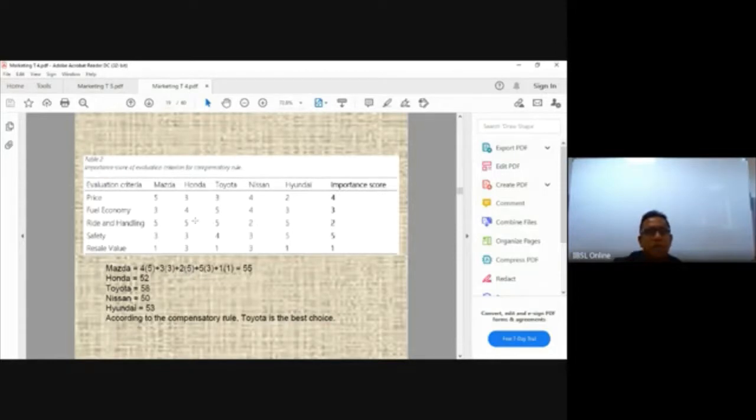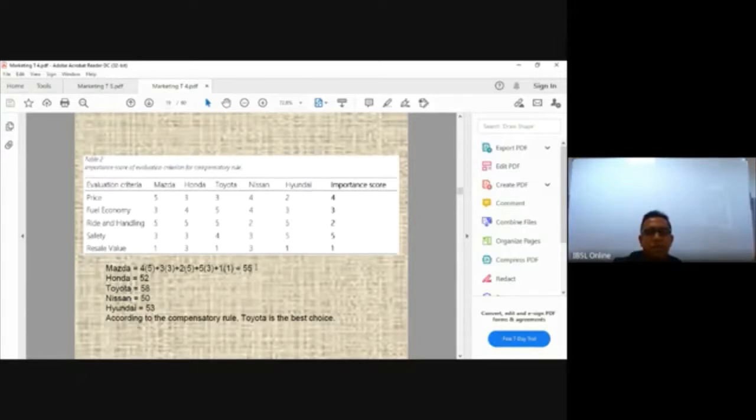Ride and handling, weightage is 2, 2 into 5. Then safety, 5 into 3. Then resale value, weightage 1, 1 into 1. And the final score, the summation of this, becomes 55.